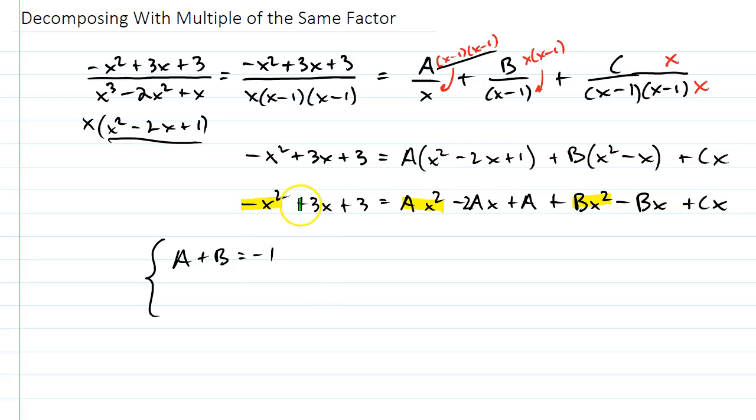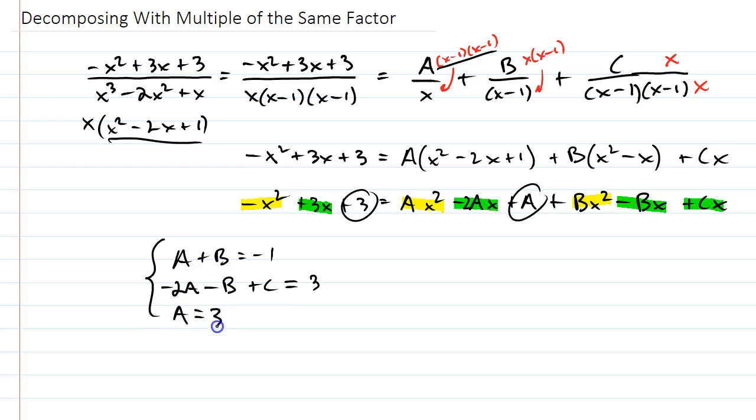Okay, now for x's, so that and that and that, which turns out to be negative 2a minus b, oh, and I'm sorry, I didn't highlight the last one here, so really this is going to also be plus c equals 3. Now the last ones that weren't highlighted are our last terms. It's just saying, hey, a is 3. That's nice.